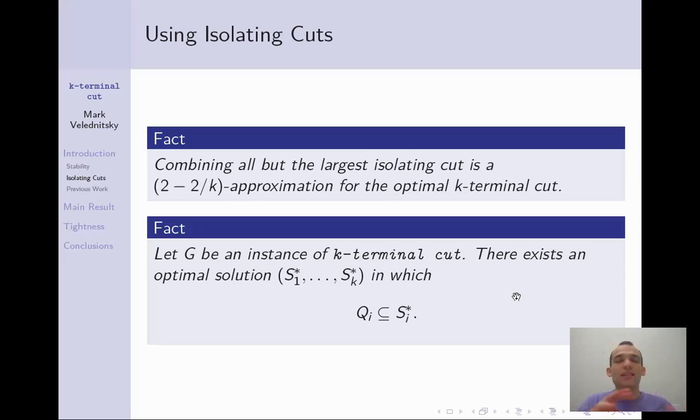Now, this can be a little bit of a tricky situation when there are multiple possible optimal solutions to the k-terminal cut problem, but in all gamma-stable instances with gamma larger than 1, there's only one unique optimal solution. So what we can say is that for that optimal solution, all of the isolating cuts are going to be subsets of the source sets in that optimal solution.